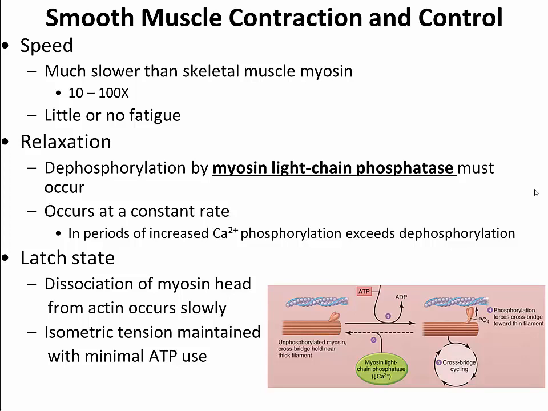This allows the smooth muscle to maintain a great deal of tension with a very low expenditure of ATP. This is useful in parts of the body, such as in the GI tract, when we think about sphincters. And so those sphincters have to maintain a contracted state over long periods of time. The fact that smooth muscle can undergo a latch state enables those sphincters to maintain a contracted state while spending very little ATP.